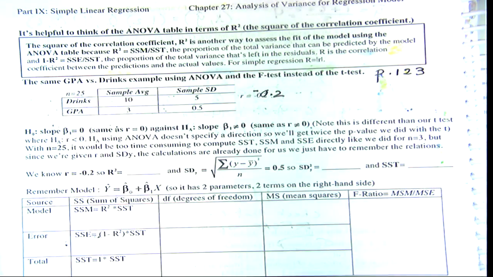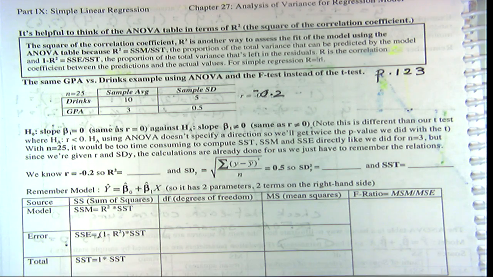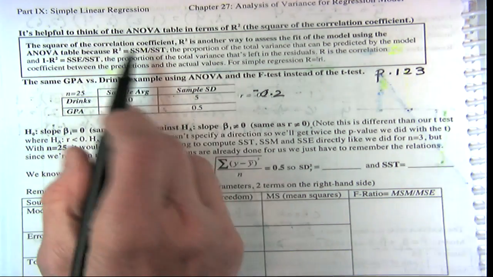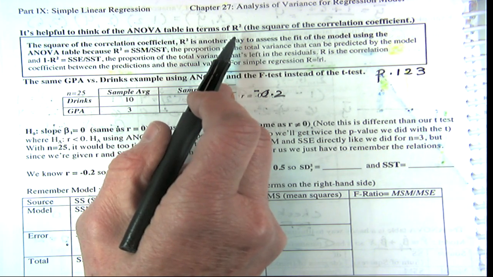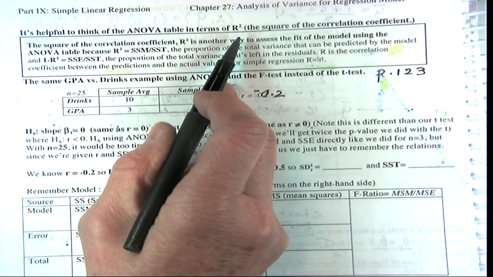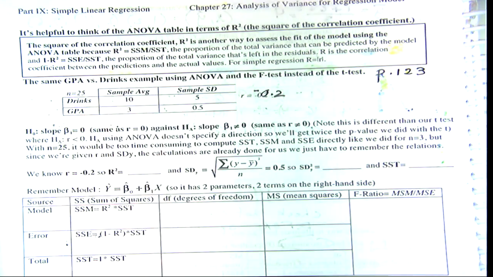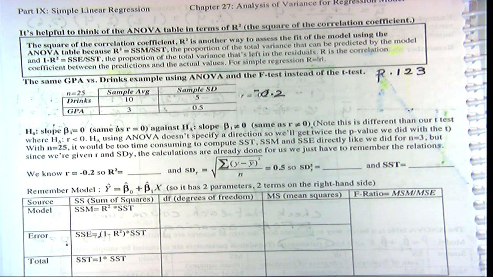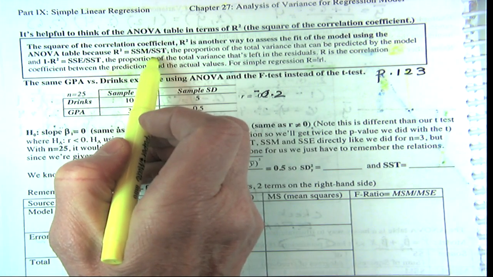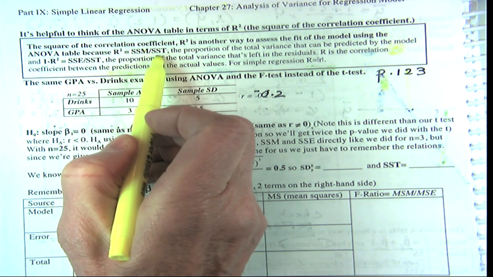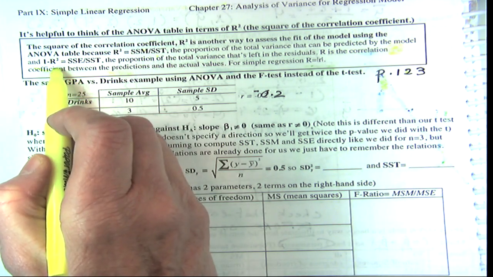Remember, we're going to relate it to r squared. The correlation right here, it's helpful to think of ANOVA in terms of that r squared, which is the coefficient of determination. Remember, we talked about it before. We said that the r squared is the proportion of the total variation of the y's that's due to our model, and 1 minus r squared was what's left in the errors.